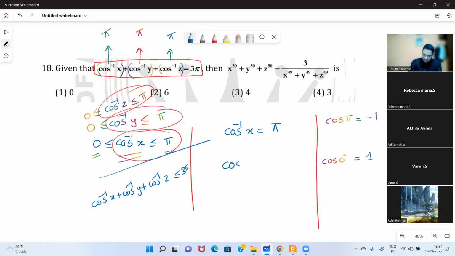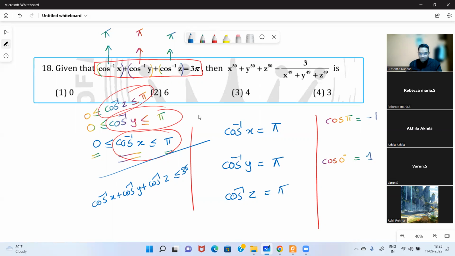There is no other way. Cos inverse y must be equal to pi. Cos inverse z must be equal to pi, because there is no other way. If you add all of them, it can never become 3 pi otherwise. Clear? Understood?